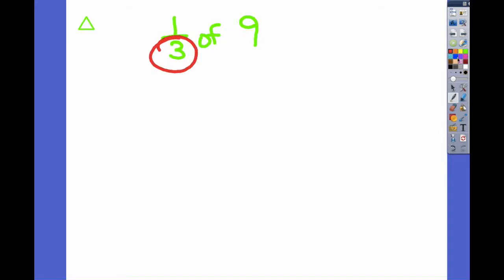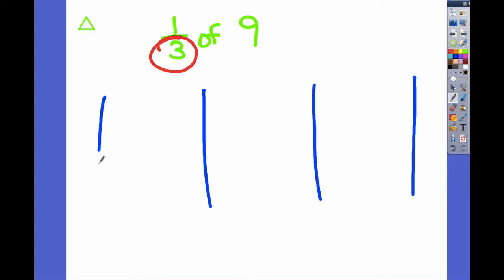So on your desk, draw 3. Now, why do you think I did not enclose my lines? I just left them open. Why do you think I'm doing that?